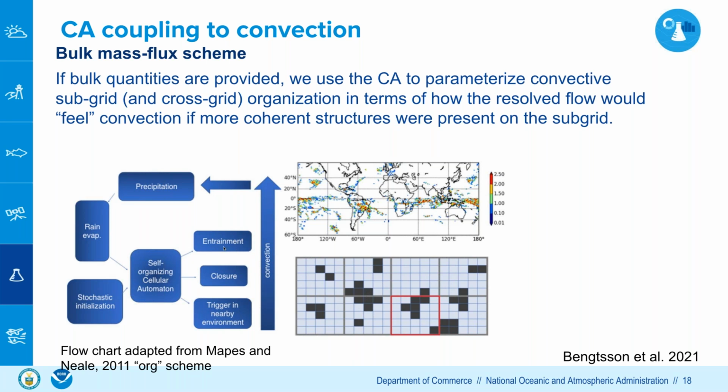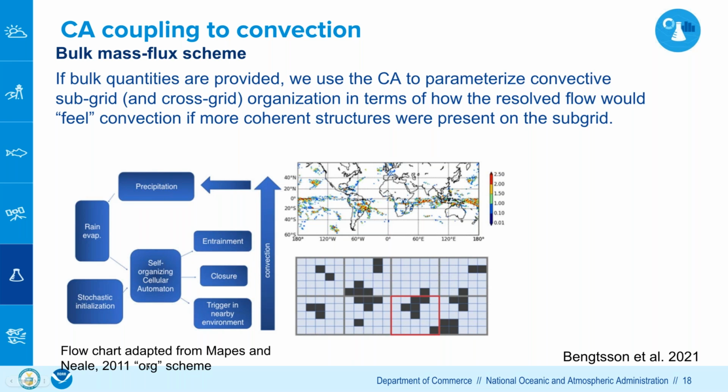And we addressed that by sensitivity study. We had entrainment, closure, or the triggering in nearby environment. So for instance, if you have convection here, but not here, now you could trigger convection in this grid box because of this self-organization provided by the CA. And here's just a snapshot of what it could look like as the CA is averaged onto the model grid box.